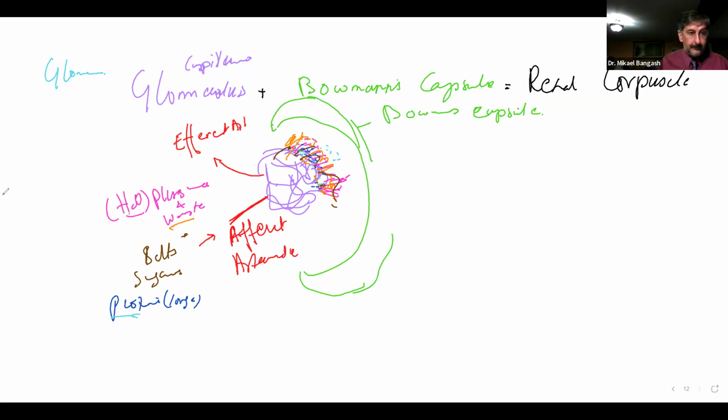But what we mainly can say is whatever leaves the glomerulus should primarily be the water from the plasma. Most of the waste products that the blood wants to get rid of, because this was metabolic waste.